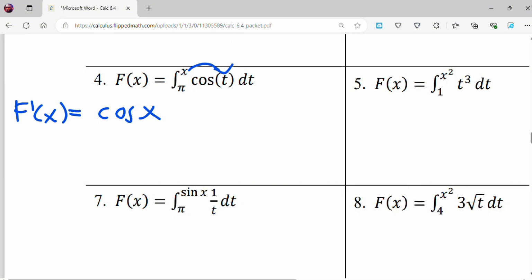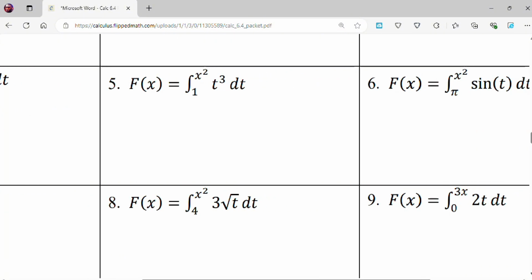Okay. Number 5. F of x equals the integral from 1 to x squared of t cubed dt. So f prime of x equals, derivative of integral cancels out, so you're left with x squared to the third power.